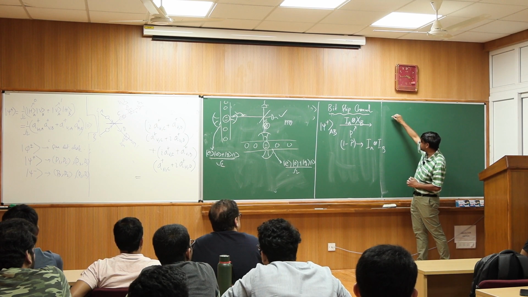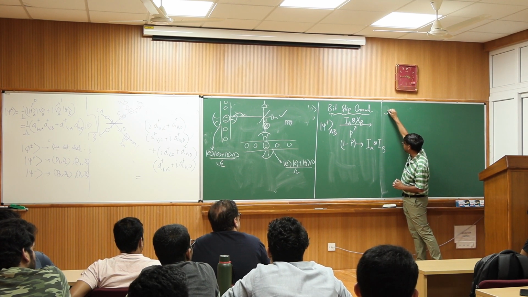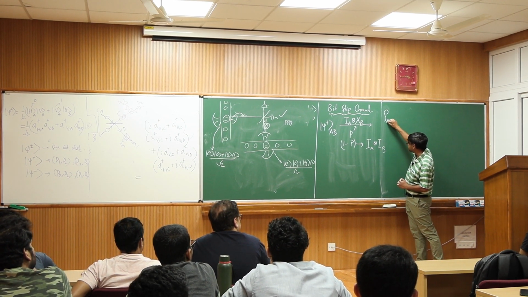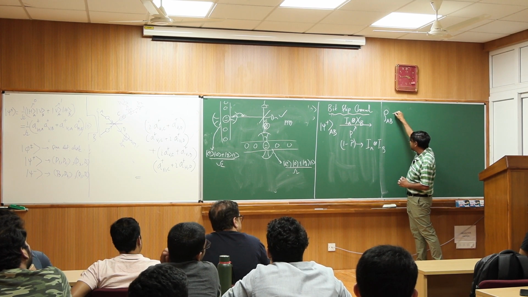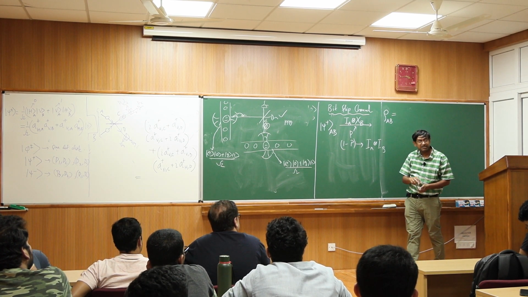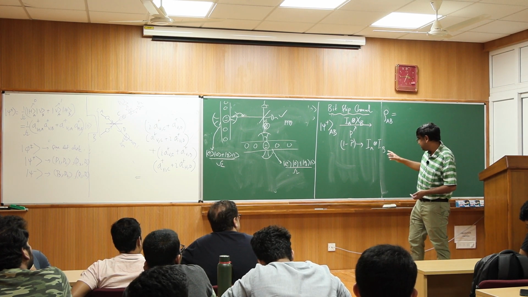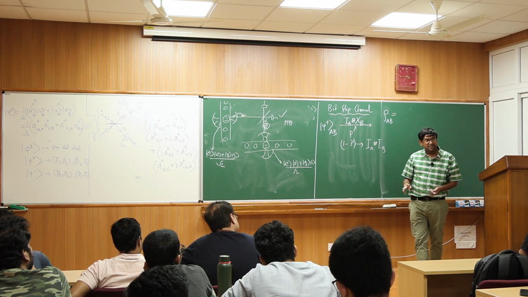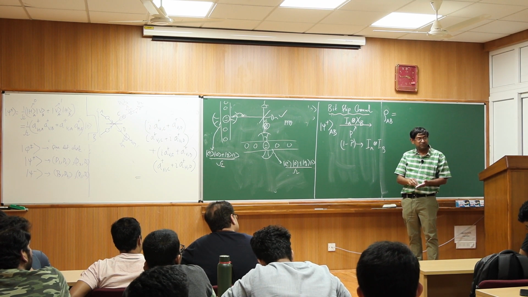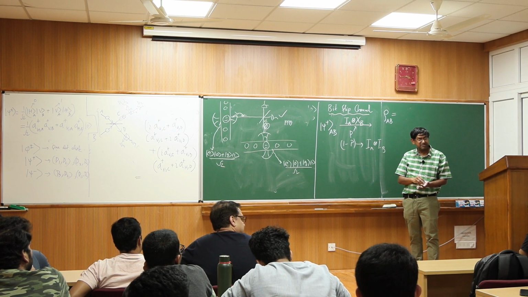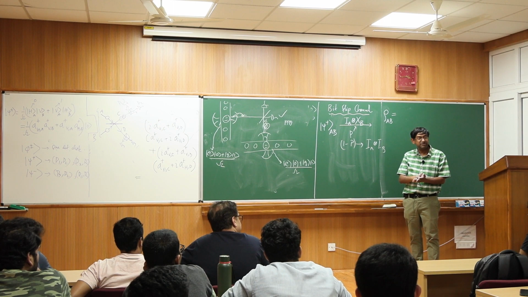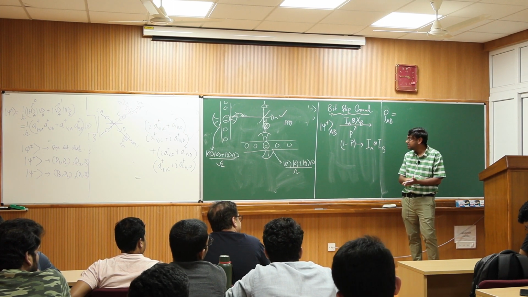So the state that comes out is this kind of mixed state. I have started using density matrices now, which will be needed in the next part of the lecture also. Some of you are undergraduates, so you have done density matrices, right? All of you, great.